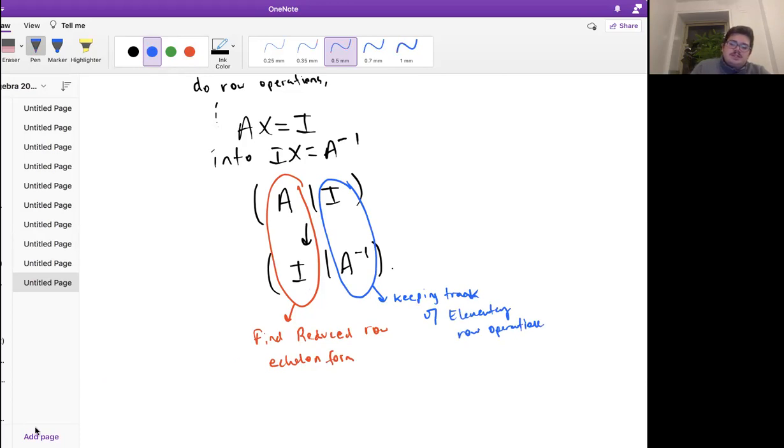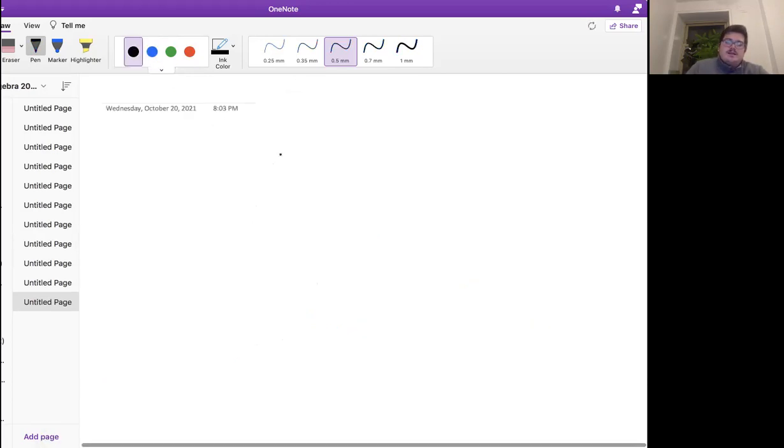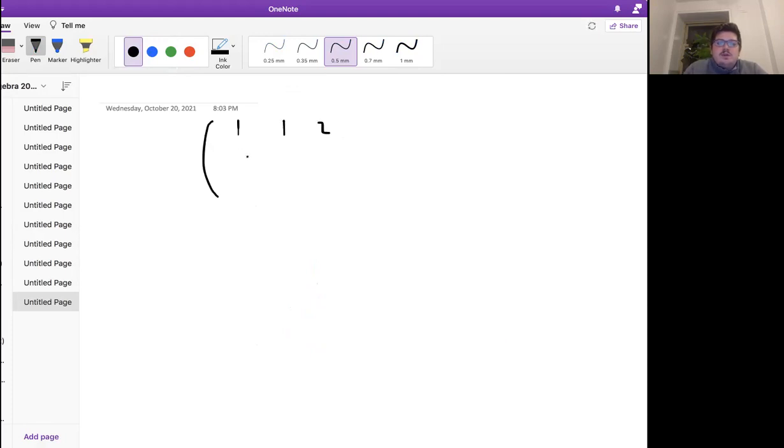Okay, so let's just do an example. Let's say, I'll just make up a matrix: 1, 1, 2, 0, 1, 1, and 0, 0, 1. So let's do an easy one. I want to find the inverse of this.